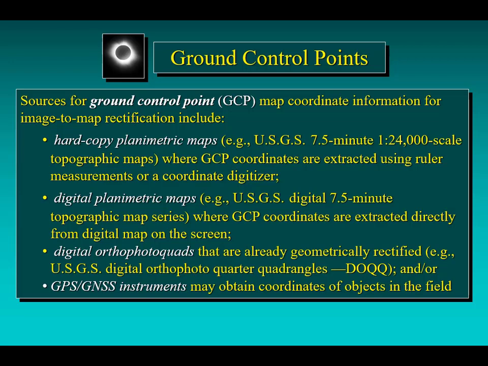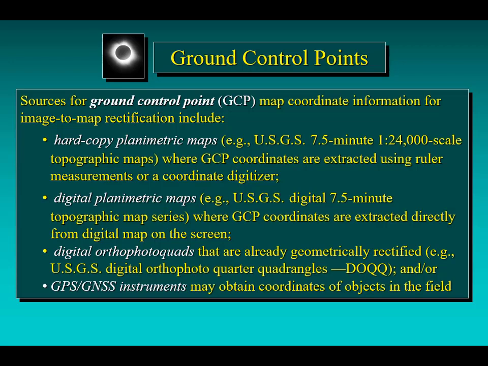That's a very logical, straightforward source. An example would be a U.S. Geological Survey 7.5 minute 1 to 24,000 scale topographic map. And I mention that scale just because it's quite detailed, and so we can extract out a ground control point that would meet accuracy requirements for a variety of mapping purposes.